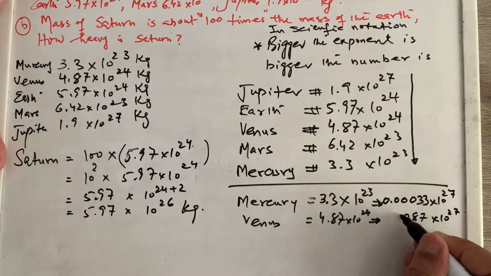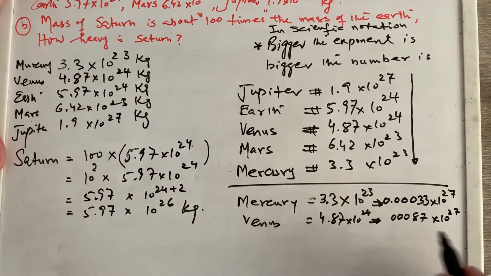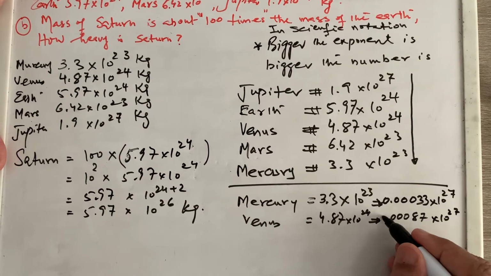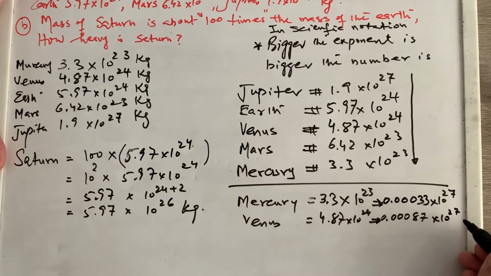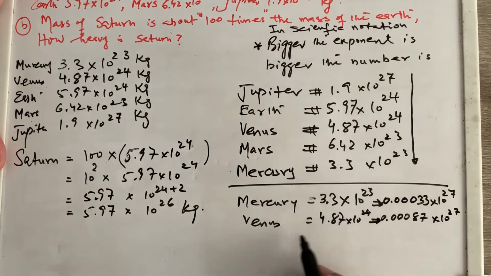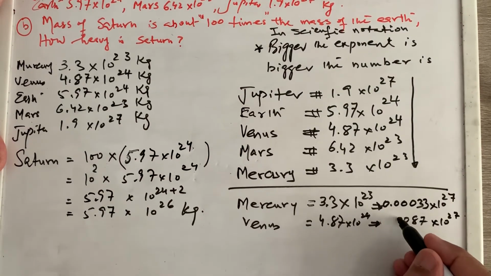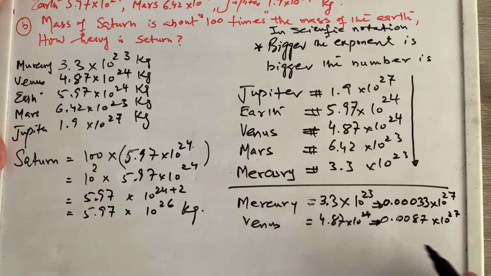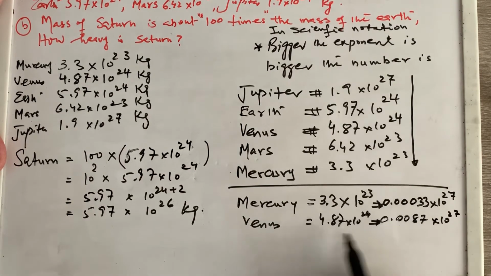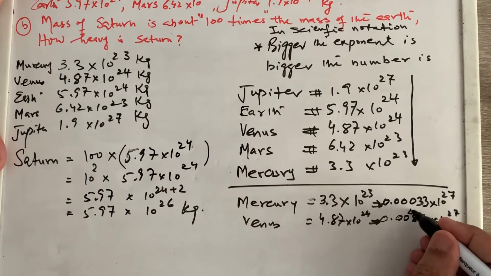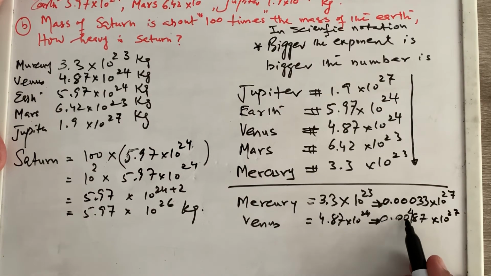So it will be 0.00487 times 10 to the power 27. Oh, I missed the 4, sorry. So 4, 1, 2, 3.